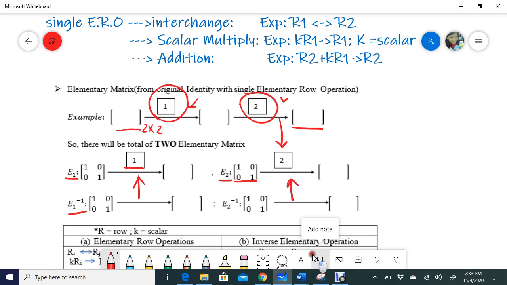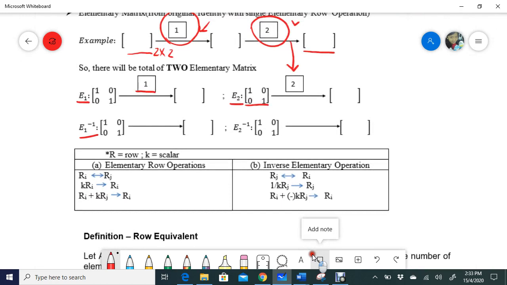Let me give you an example. I already highlighted it at the bottom here. Imagine your elementary row operation happens to be an interchange between row 1 and row 2, for example.